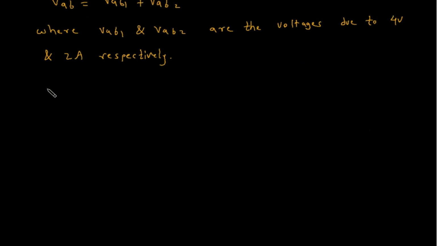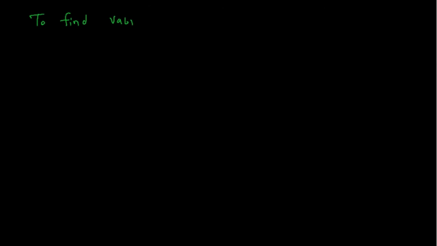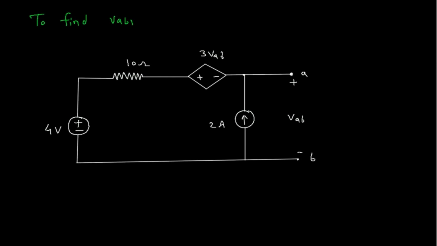Now to find VAB1, consider 4 volt and turn off 2 ampere. Now when we turn off the current source, that time it will be an open circuit.